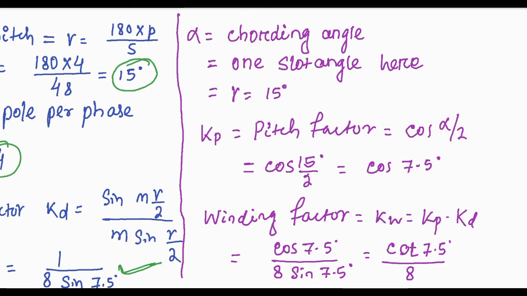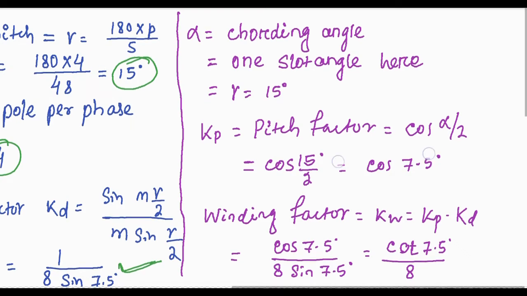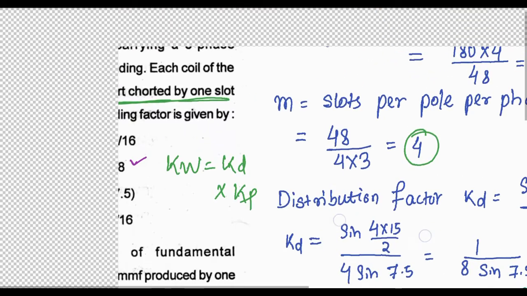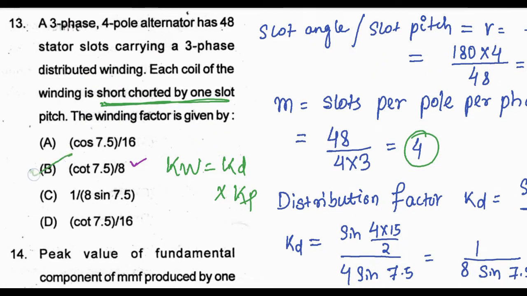So alpha is equal to gamma, which is 15 degrees. So KP, the formula is cos(alpha by 2). That means cos(15 by 2), that means cos 7.5 degrees. So winding factor KW, that is KP into KD, is equal to cos 7.5 by 8 into sin 7.5. So this will be cot 7.5 by 8. Answer is option B.